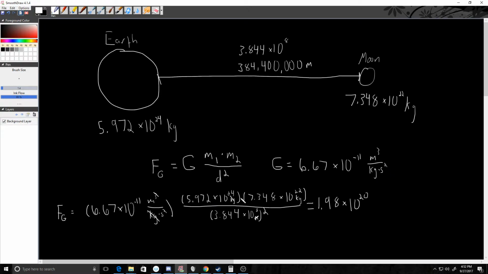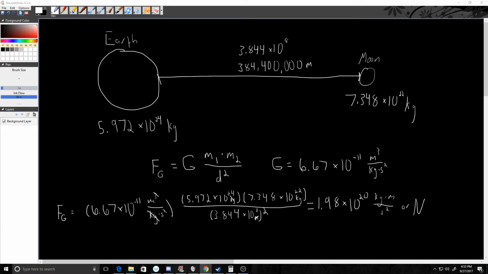So the units I end up with is kilograms, meters per second squared, which looks familiar because that's what a Newton is, okay? That seems really, really, really big, okay? So let's actually double check it.